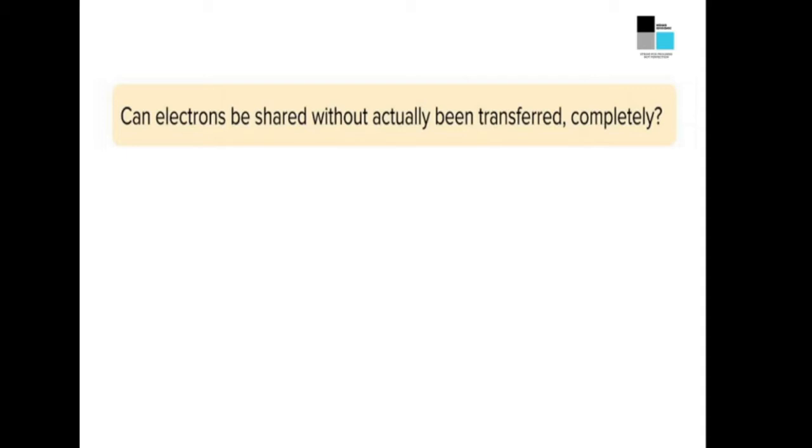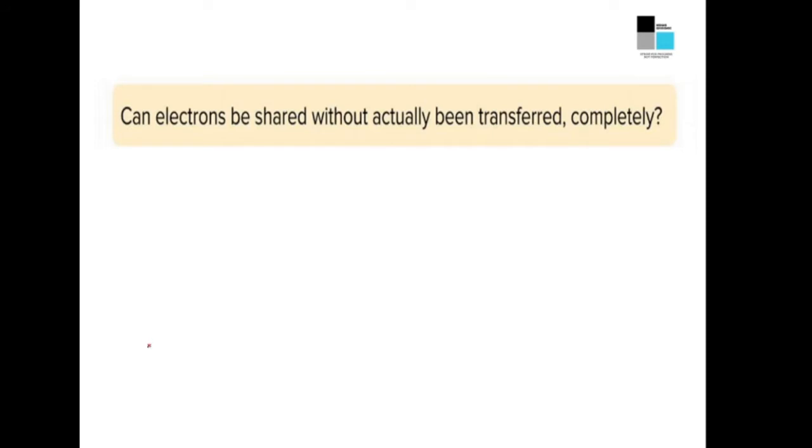See, a question for you guys: can electrons be shared without actually being transferred completely? What does the question say? Are we able to share electrons without transferring them from one atom to another atom? I hope that you may have studied the metals and non-metals chapter in chemistry.